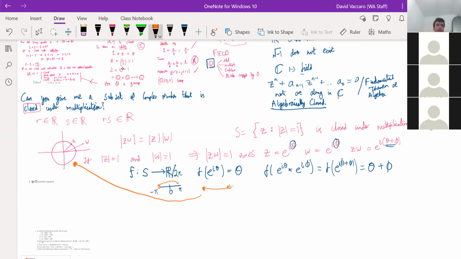Okay, and that association between the algebraic structure of something and its geometry is super important within a maths degree.